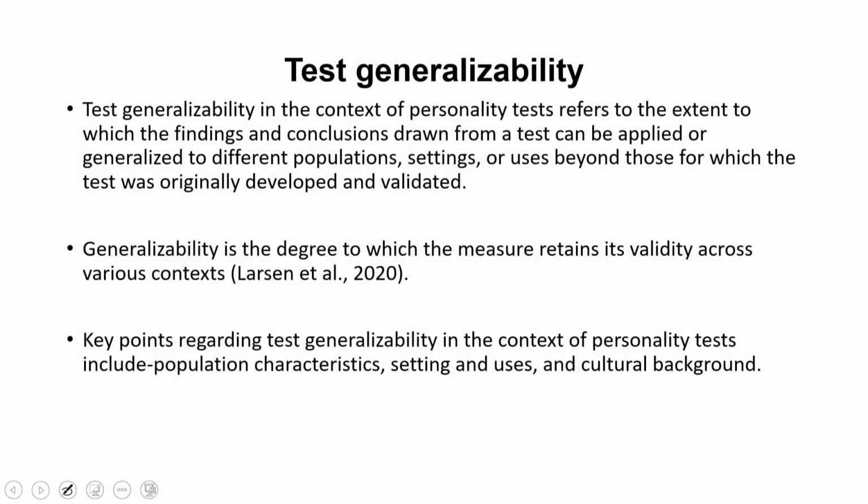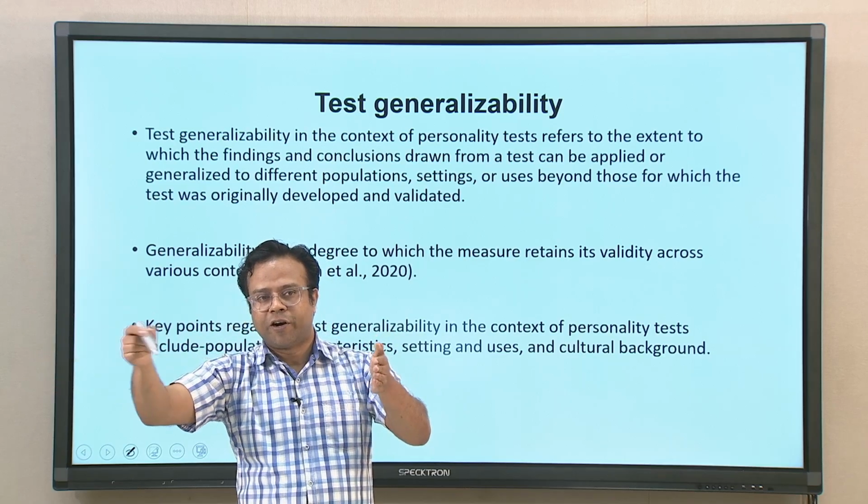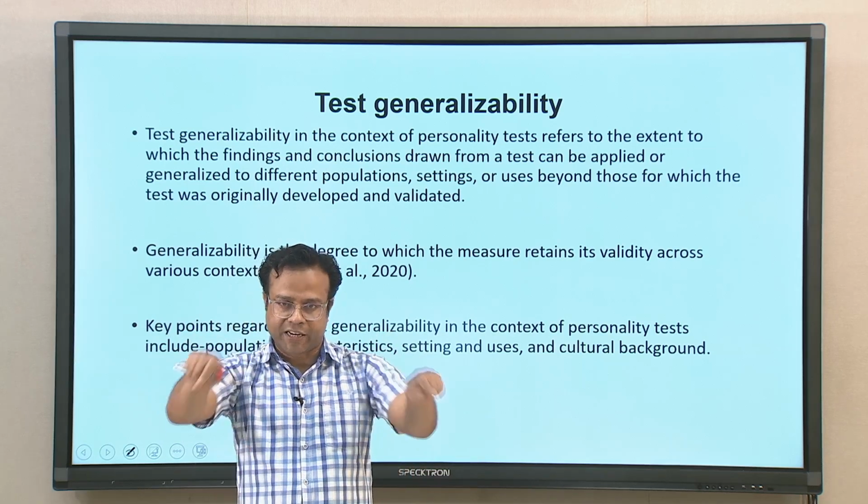The third important concept of a good test is test generalizability. A test should be generalizable, meaning when you have developed a test, whether it can be used in other contexts or is only limited to that people, that individual or that setting.